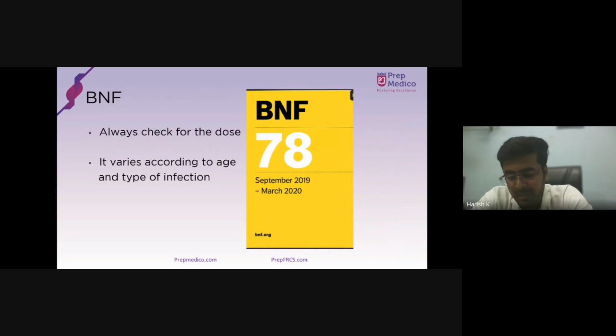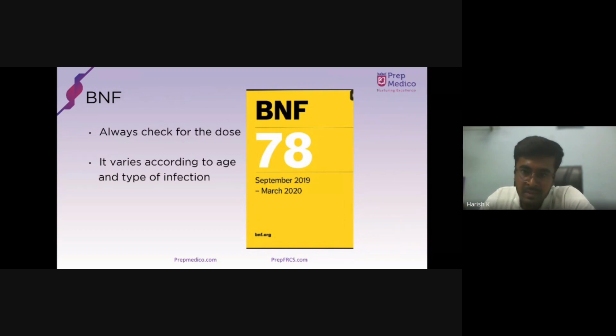Sometimes you have to write medications according to the hospital administration. Some hospitals have their own guidelines, so they follow a certain pattern of giving antibiotics. Some hospitals will divide the doses depending on the weight or age of the patient.